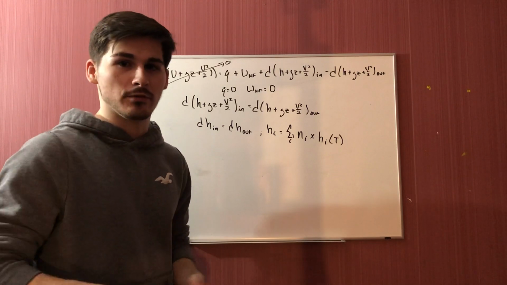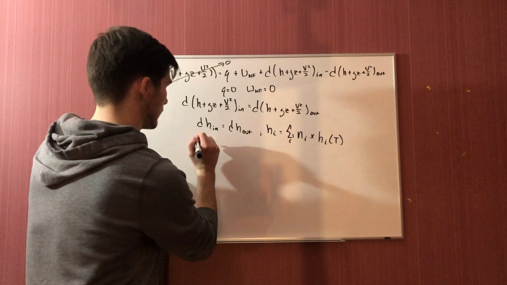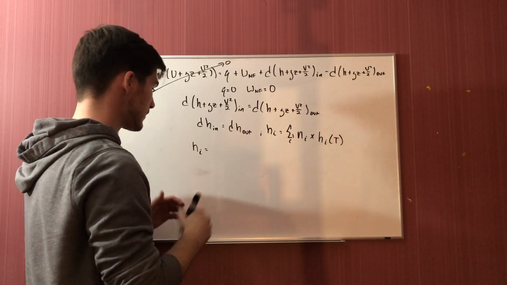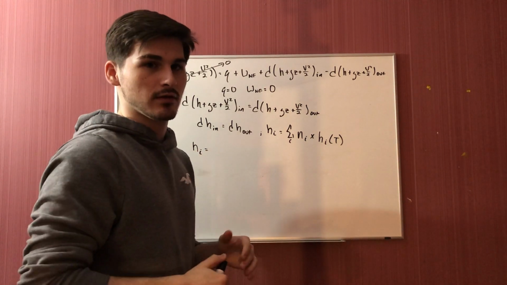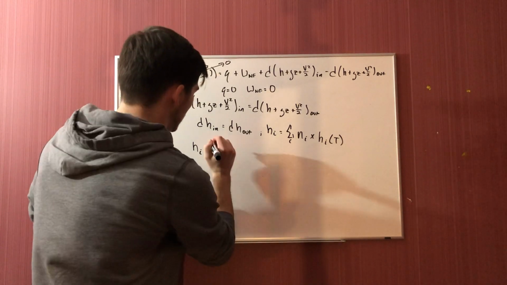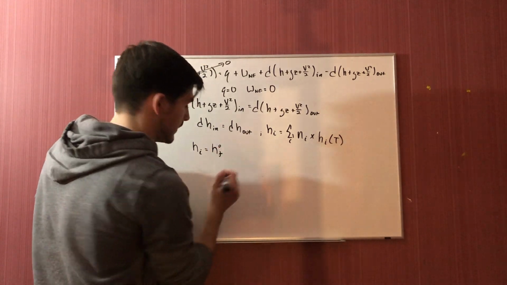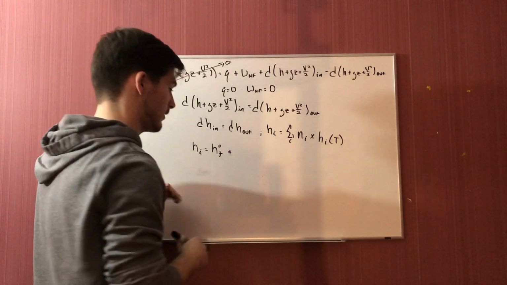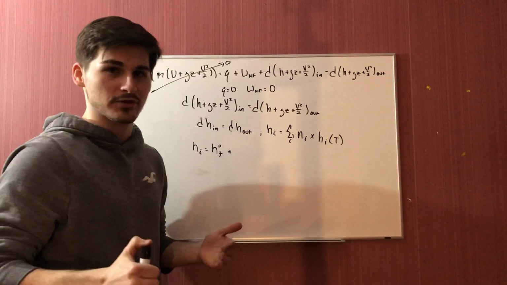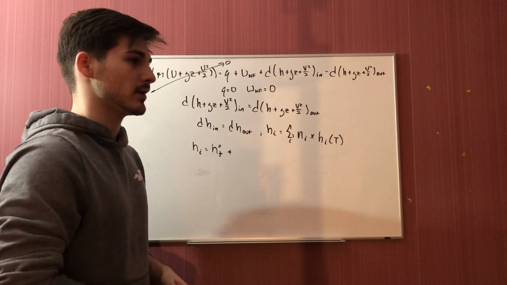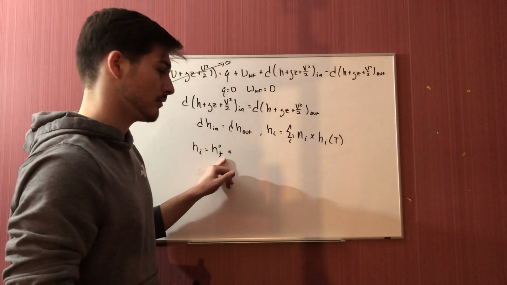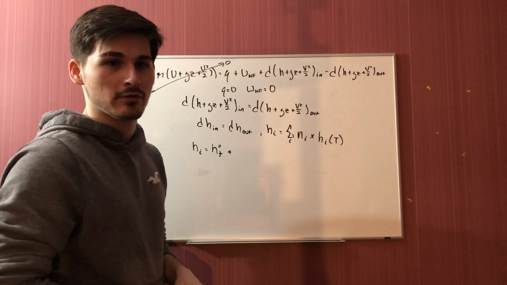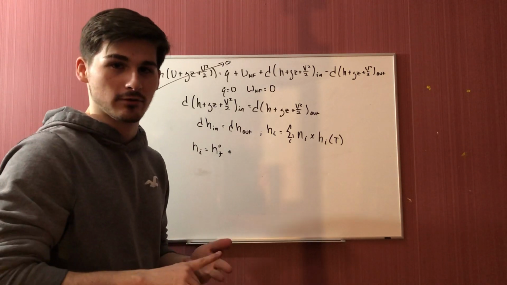So enthalpy relies on a couple of things, and so we can say the enthalpy of a species is going to be equal to the standard enthalpy of formation of an ideal gas, and that's actually just given to us, plus, what is it going to vary with? So it's going to vary with temperature, which is what we want. And so we can say that it will vary with the changes in the specific heat capacity of the component, and that will vary with pressure or temperature.